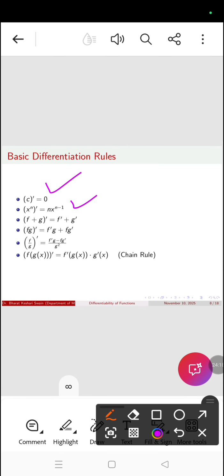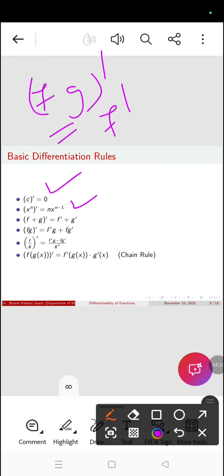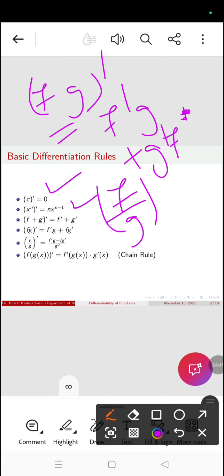For the product formula, (fg) dash is f dash into g plus g dash into f. Similarly, derivative of f by g, the division formula, is f dash into g minus f into g dash, by g square.